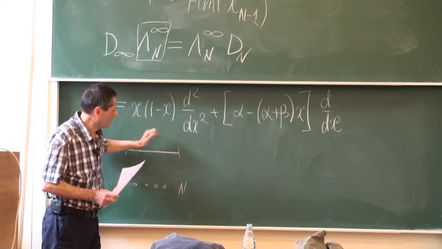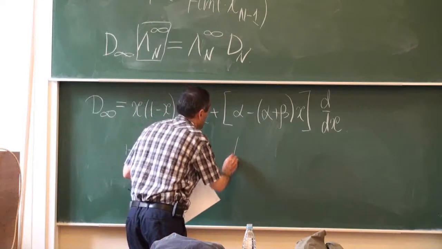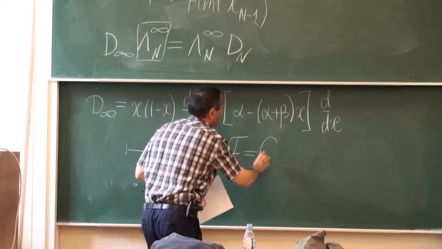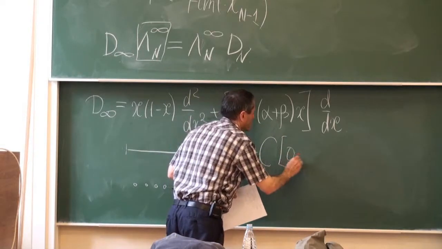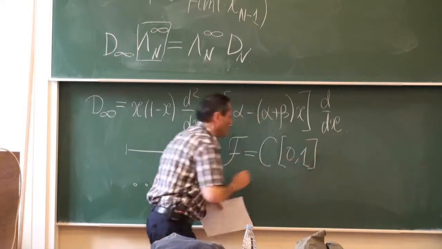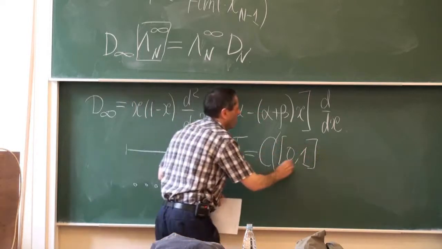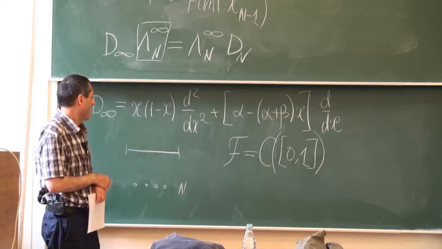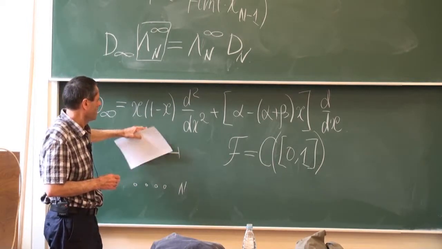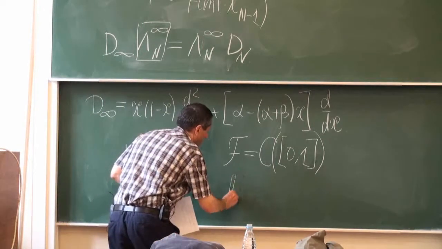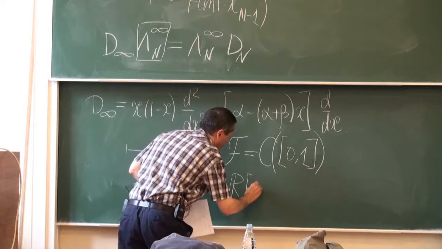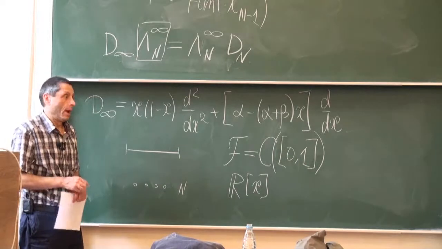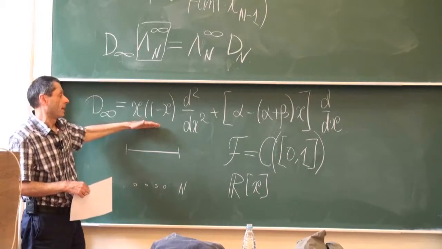In our situation, the Banach space is the space of continuous functions on the closed interval with the supremum norm. This is a real Banach space. And as a domain of this operator, I take the space of polynomials, which is dense here, of course. And the generator is well defined on this space.